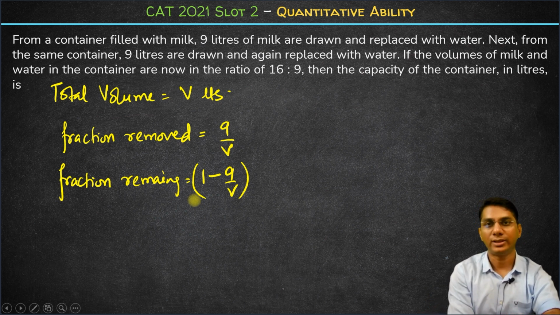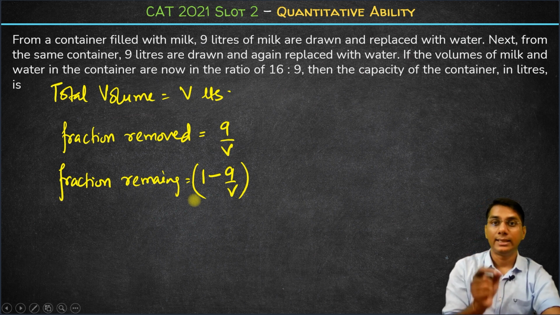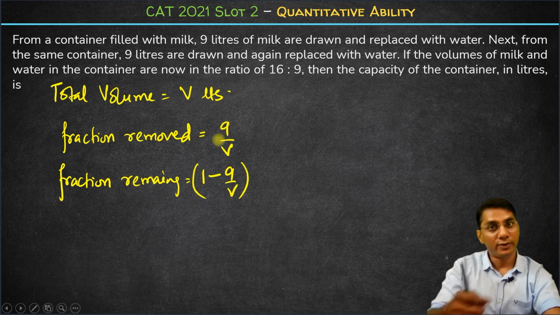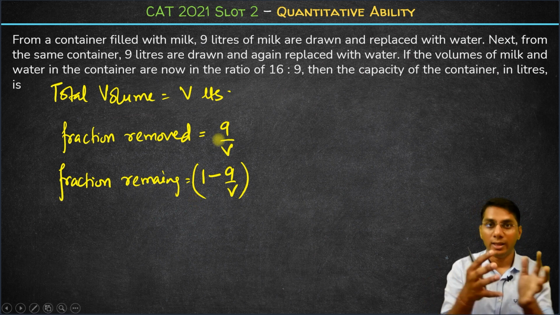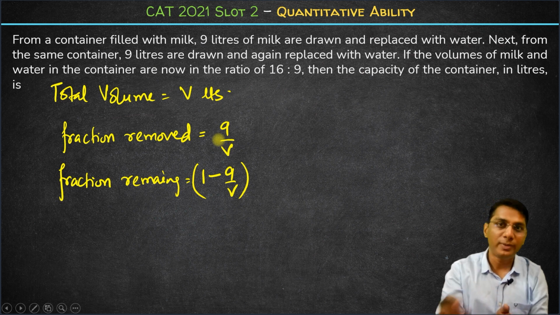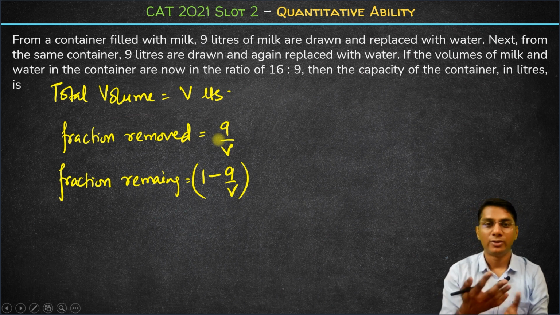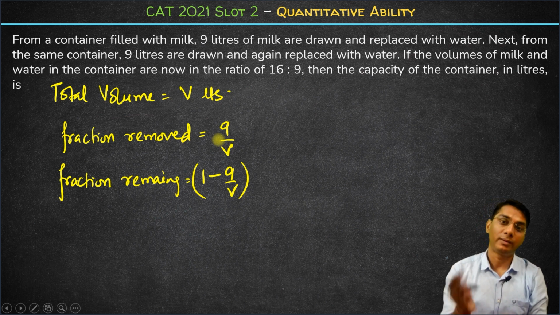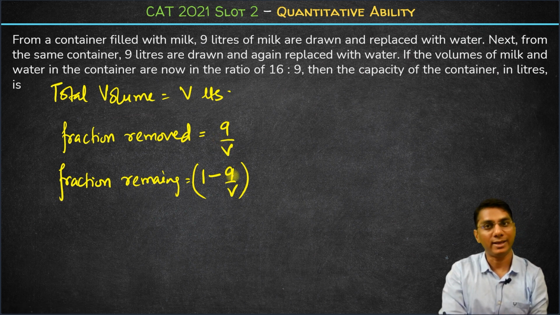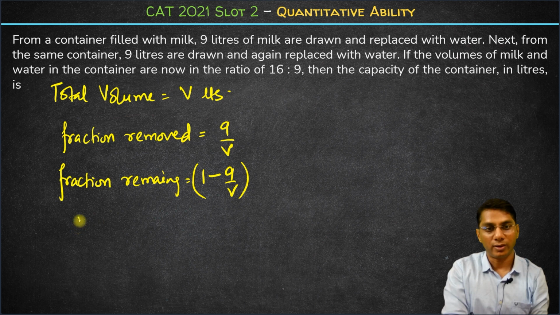So now this is the fraction of the total solution that will remain. And what about milk? If 9 by Vth of the total is being removed, the part of milk removed will also be 9 by Vth. The fraction of milk removed will also be 9 by V. So the fraction of milk remaining will be 1 minus 9 by V. So the quantity of milk remaining will be the initial quantity of milk.